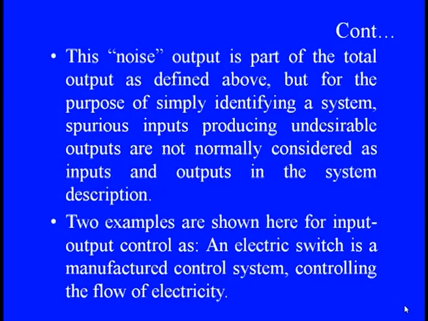Now, say we have an electric switch which is manufactured based on the control system. Controlling the flow of electricity is the input part in that, because in electric switches the input and output is the electricity only. So, we can design the control system accordingly.